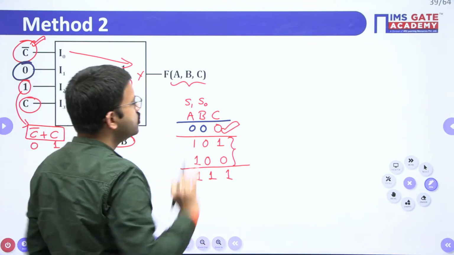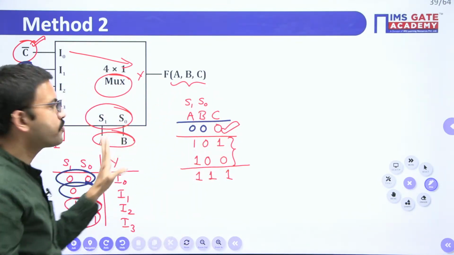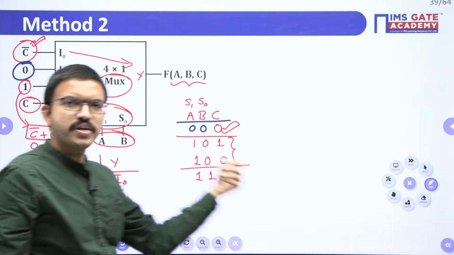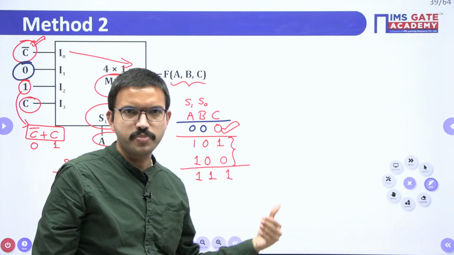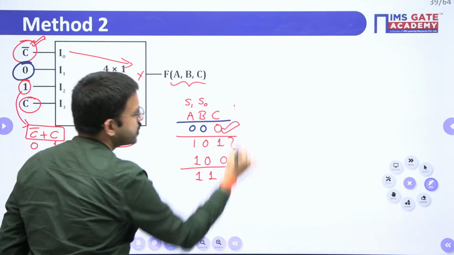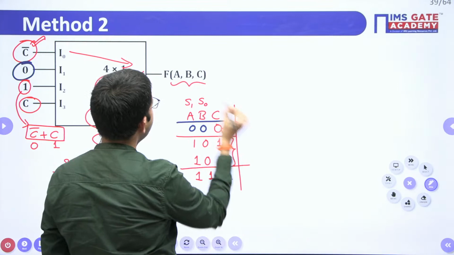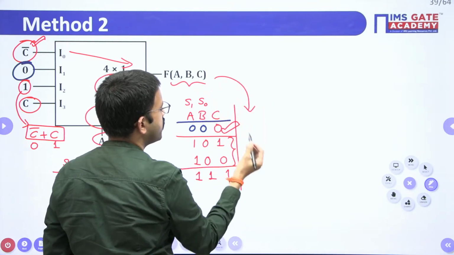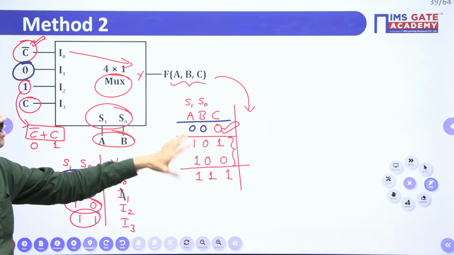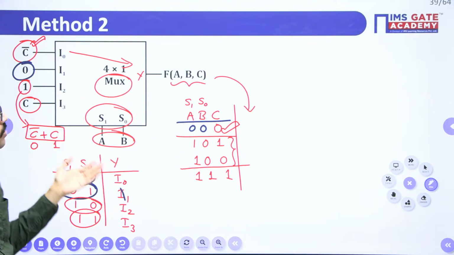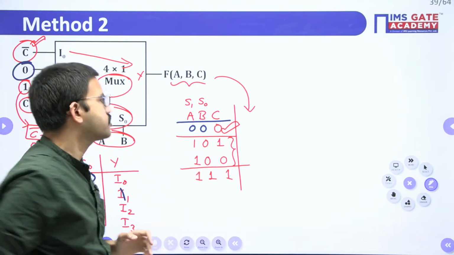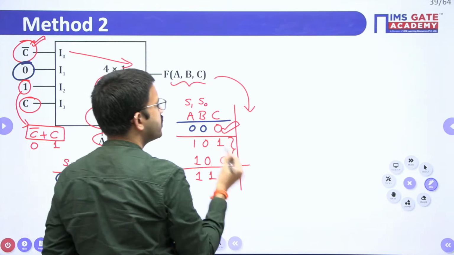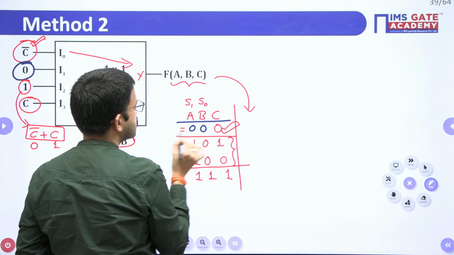Now, whenever you are having the truth table, for a few combinations you will get the output as 1, and for the remaining combinations you will get the output as 0. For these 4 combinations only, you will get this particular output as 1. So these 4 input combinations are nothing but minterms.